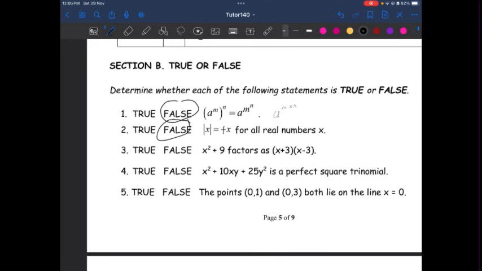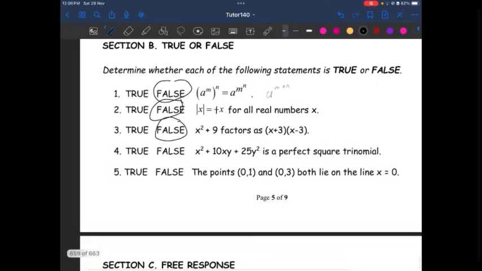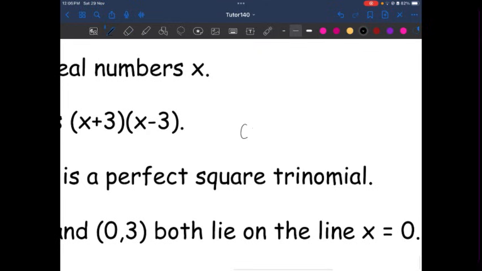x squared plus 9 factors as x plus 3 times x minus 3. That's false. There's no sum of two squares. There's only a difference of two squares. x squared plus 10xy plus 25y squared is a perfect square trinomial. That is true. It's of the form a plus b squared is equal to a squared plus 2ab plus b squared.